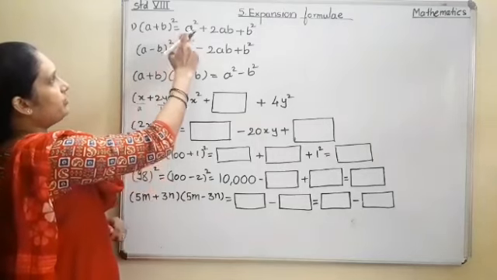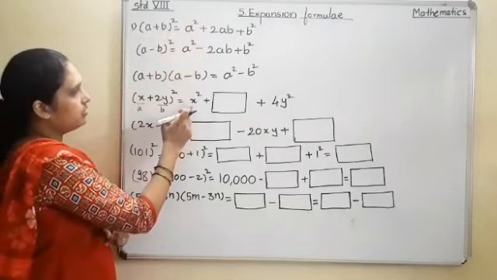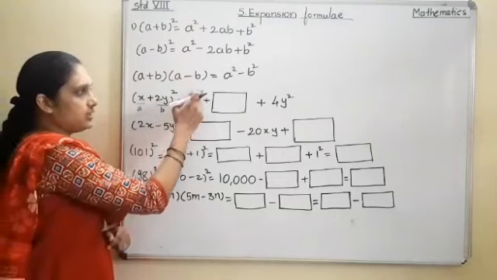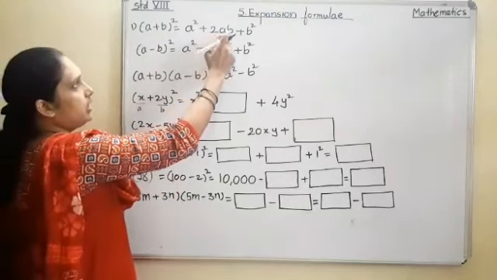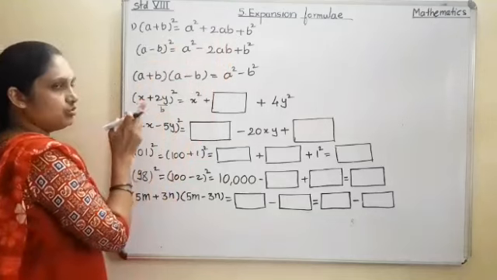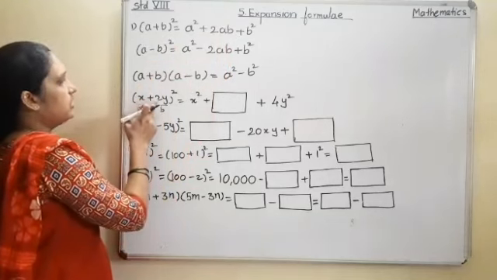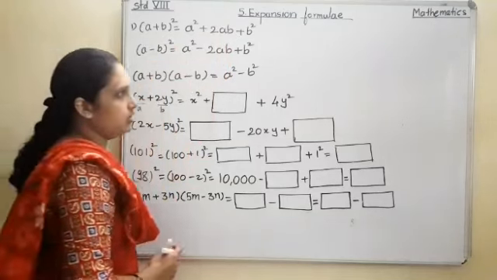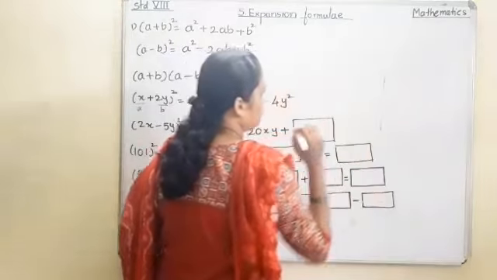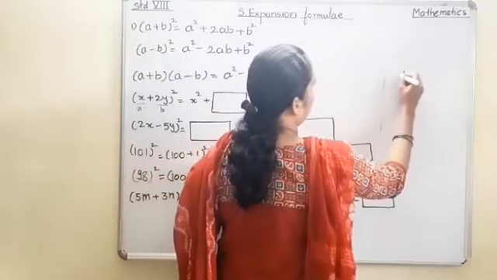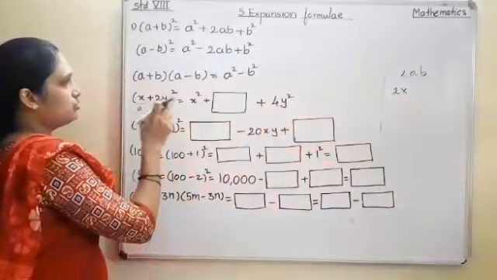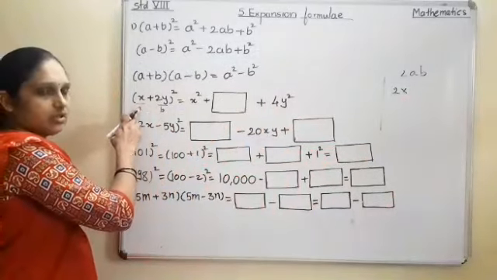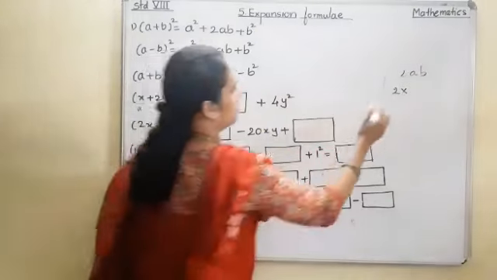Now what do we want? First a square. So here first number square, that is x square, plus we need 2ab, that is 2 into x into 2y. So here I'll show you the rough work. 2ab means what? In this sum it is 2 into a means x and b means 2y.